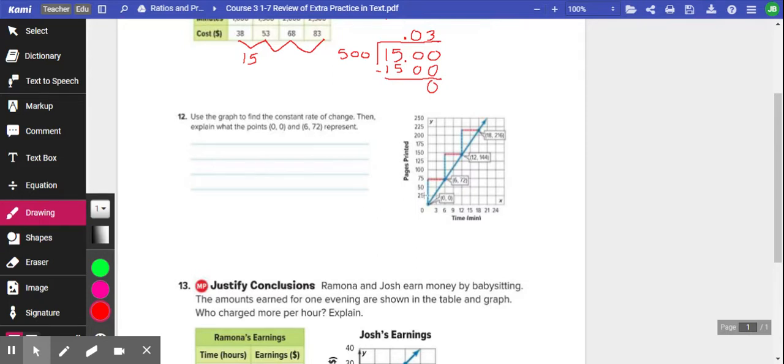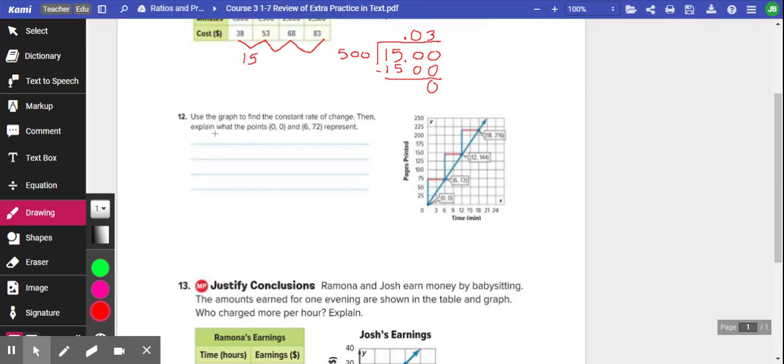And they've already labeled for us the different amounts of increase, both in the vertical or the y-axis and in the horizontal or the x-axis. So what we're looking for here is it says use the graph to find the constant rate of change, then explain what the point 0, 0 and 672 mean. Well, before we can even get to this, we have to find that constant rate of change.